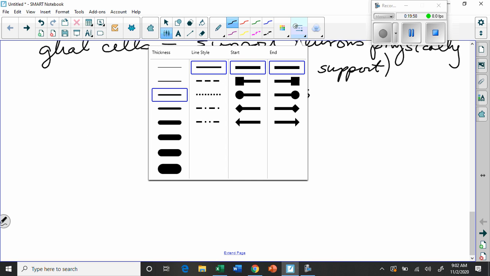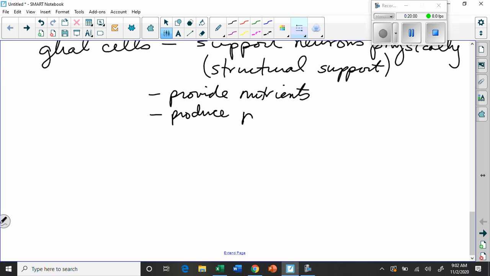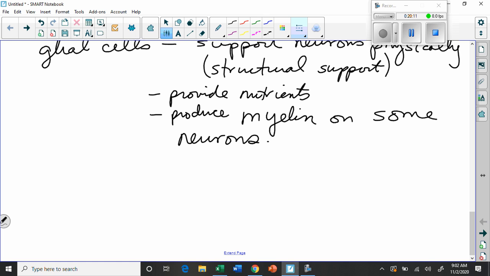They produce myelin on some neurons. Yeah, they also can act as signaling cells. They can signal blood vessels nearby to dilate, change the blood flow in a certain region, and so on. Okay.